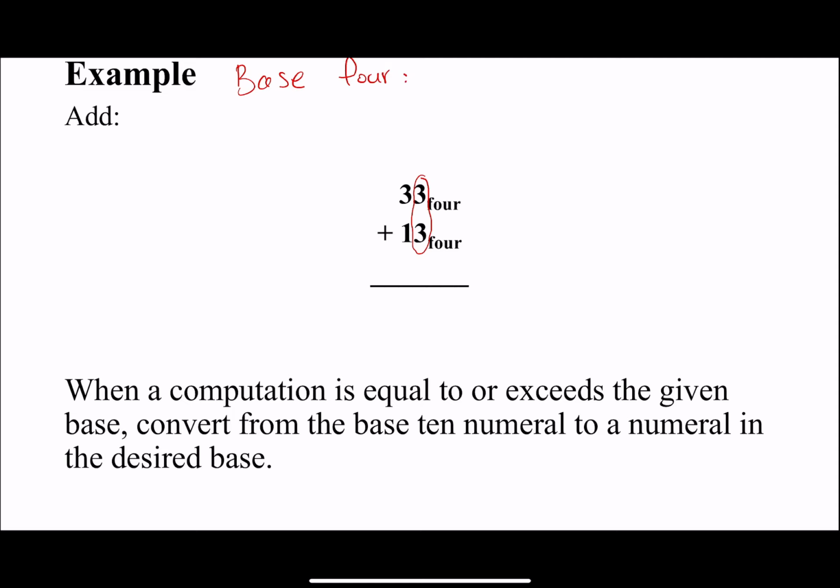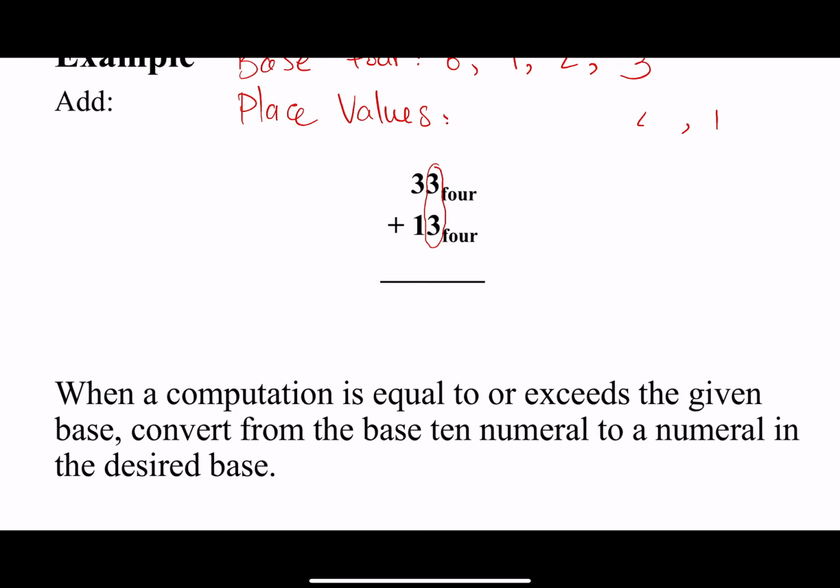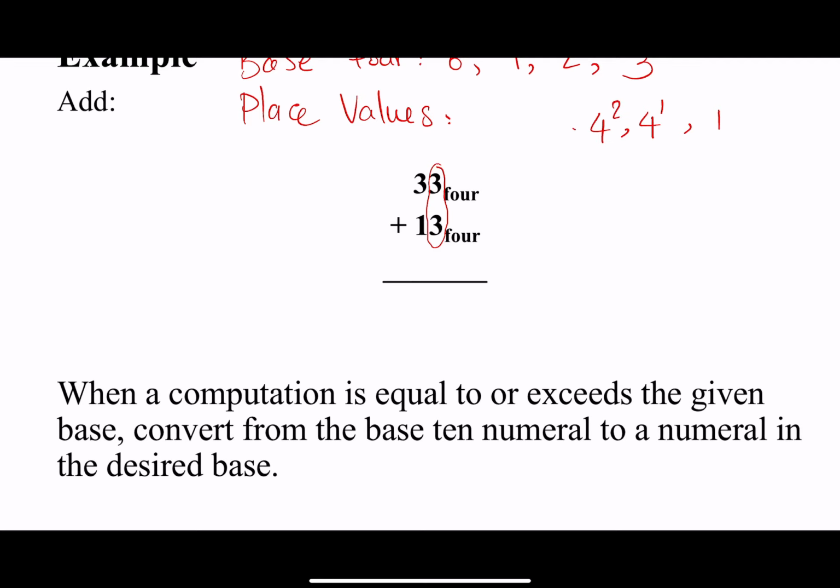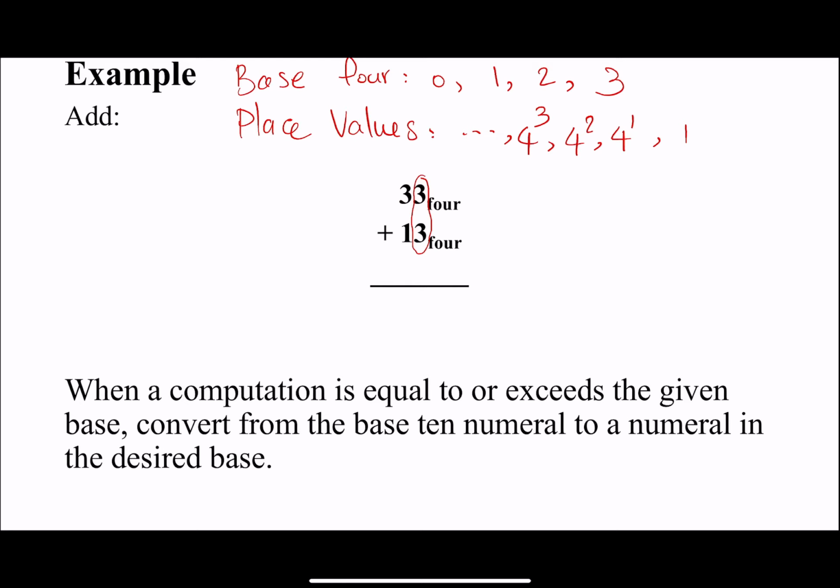From 0 to 3: 0, 1, 2, and 3. I'm going to write down the place values in base 4, which are powers of 4: 1, 4, 4 squared, 4 to the third power, and so on. Now I'm going to start adding.